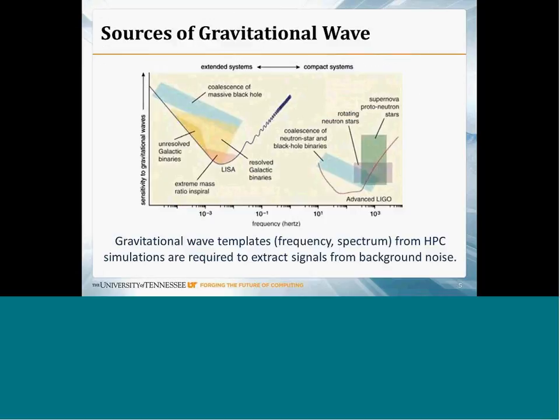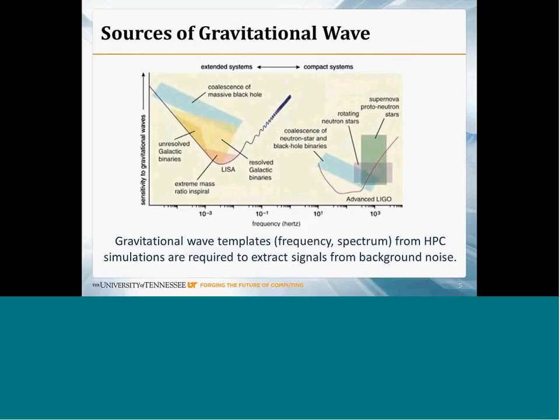So, sources of gravitational waves. Here is a plot showing the sensitivity of some of the detectors to different gravitational wave sources. For example, Advanced LIGO can detect rotating neutron stars and supernova protoneutron stars that produce gravitational waves.